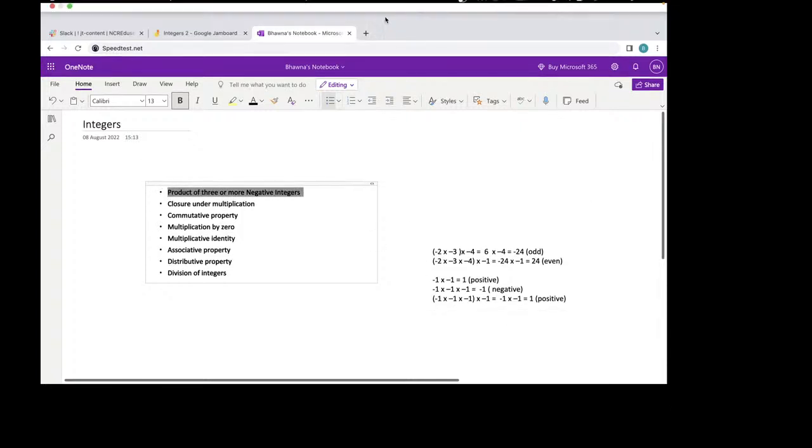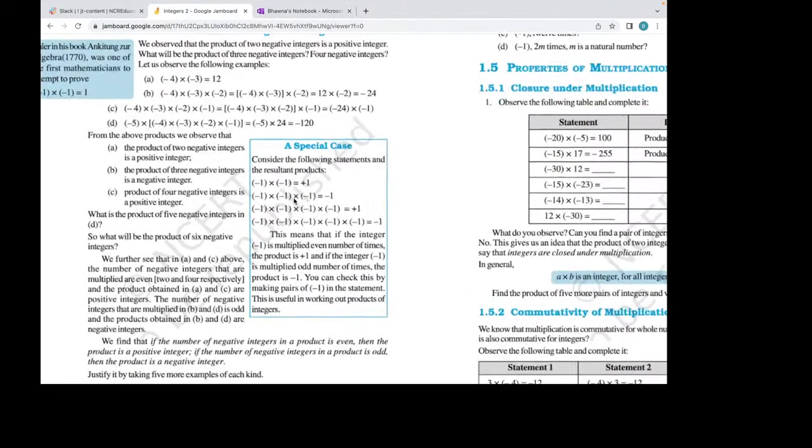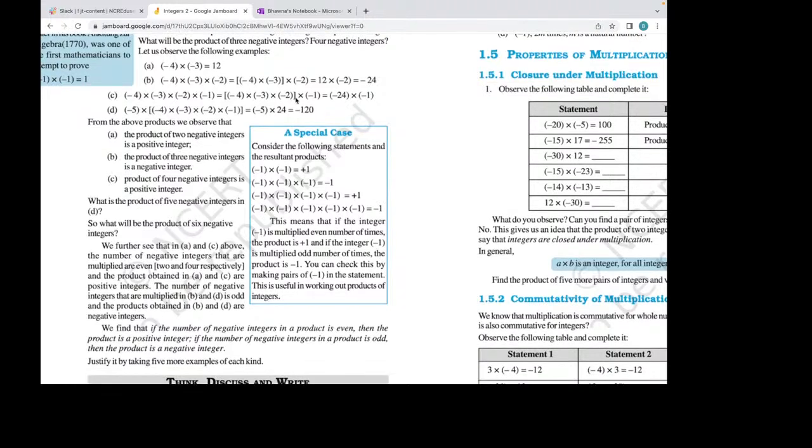All right, so now here as well, if we see a special case, consider the following statements and resultant products. When we multiplied minus 1 by minus 1, we got positive 1. Then we multiplied minus 1 times minus 1 multiply minus 1, we got minus 1. Then we multiply minus 1 4 times, we got positive 1. Then we multiply minus 1 5 times and we got minus 1.